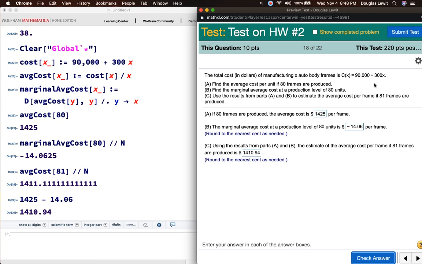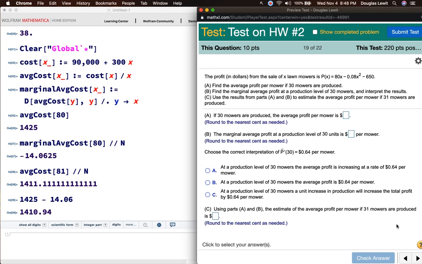For part C, they really don't want you to use the average cost function. They want you to use the marginal cost function to arrive at an approximation of the correct answer. And that's exactly what I did with Mathematica. Let's move on to problems 19 and 20, and then we're going to call it quits for the video.